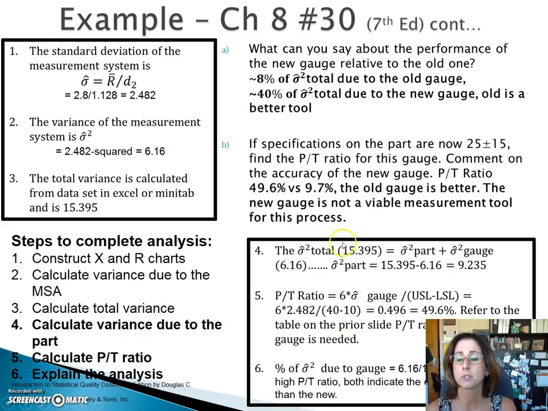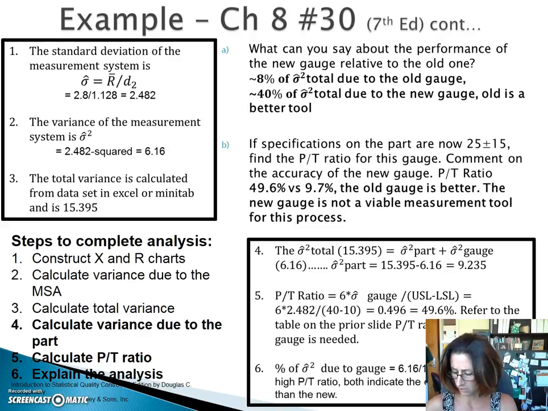And then if we look at the precision tolerance ratio, same thing. The precision tolerance ratio here is 49.6%, which is much higher than the precision tolerance ratio with the old gauge, which is only 10%. You can calculate this for yourself. If you take 6 times the standard deviation of the old gauge, go back in the slides and look at that.